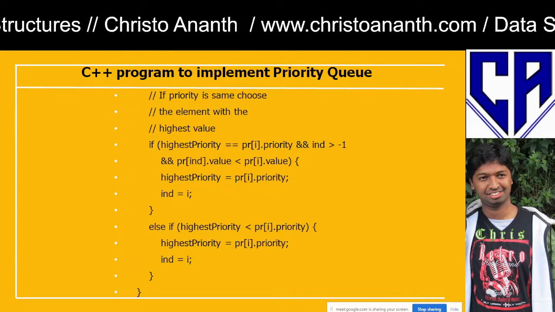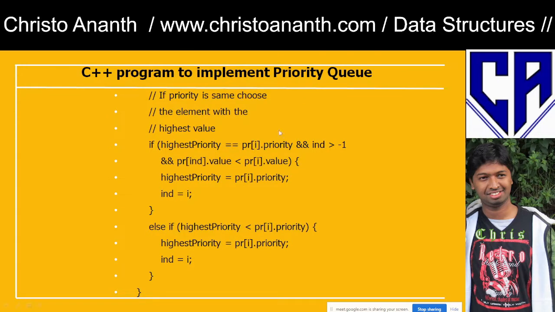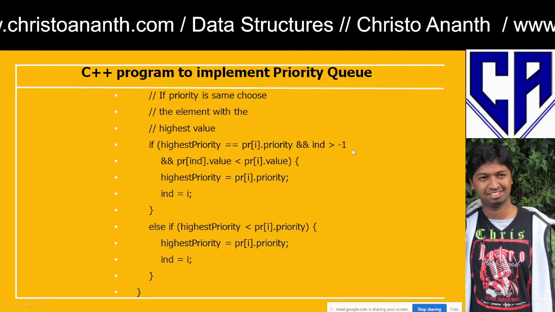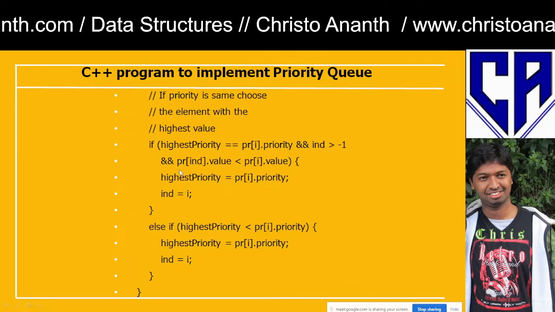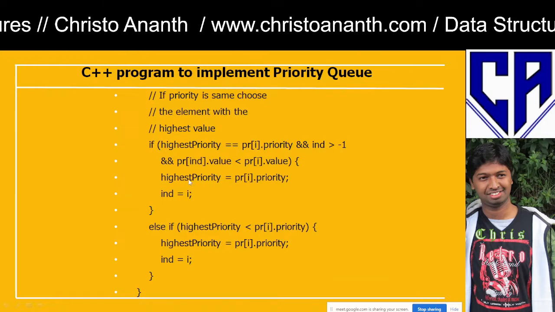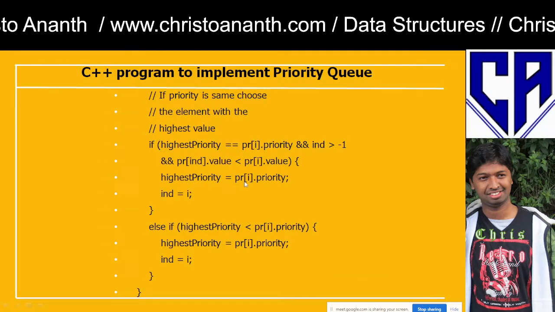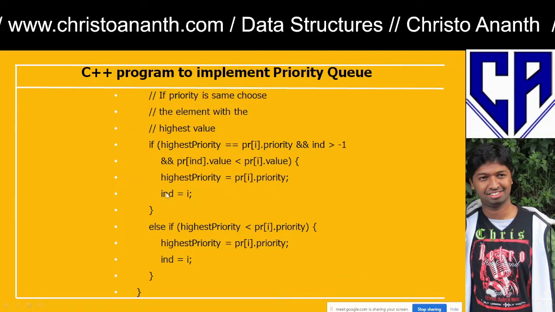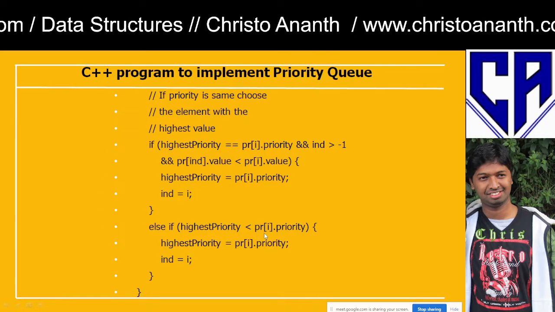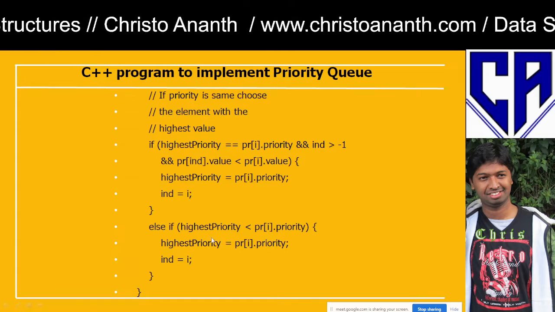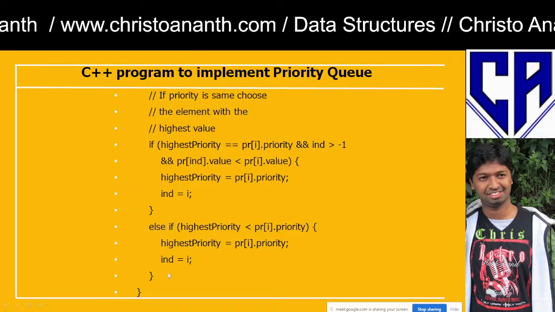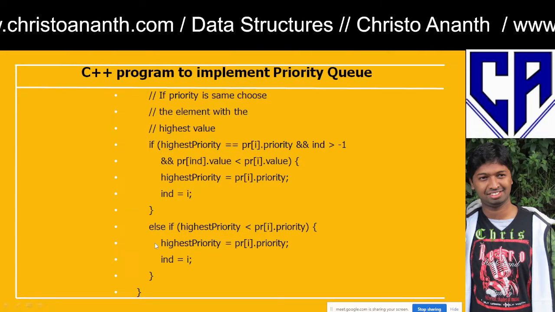If highestPriority equal to pr[i].priority and ind greater than -1 and pr[ind].value less than pr[i].value, then highestPriority is equal to pr[i].priority, and you set ind equal to i. Else if highestPriority is less than pr[i].priority, then highestPriority is equal to pr[i].priority, and you set ind equal to i.